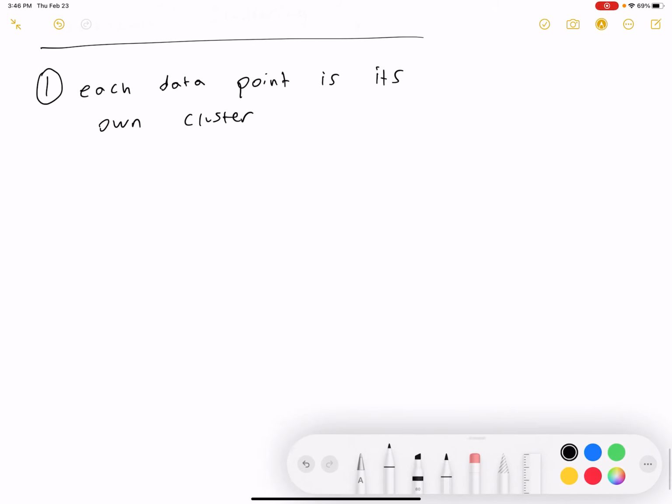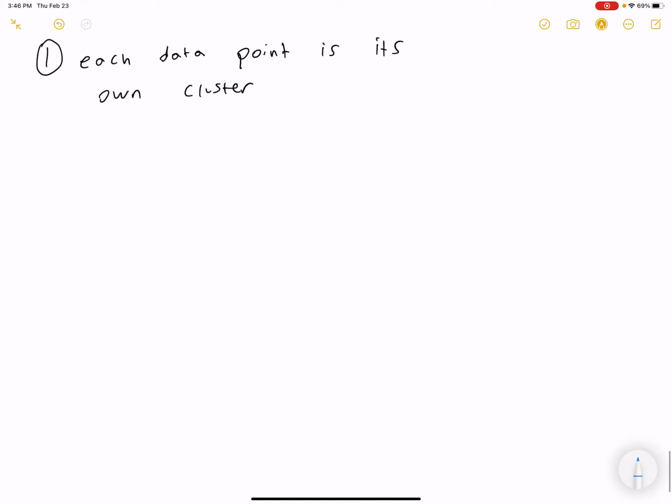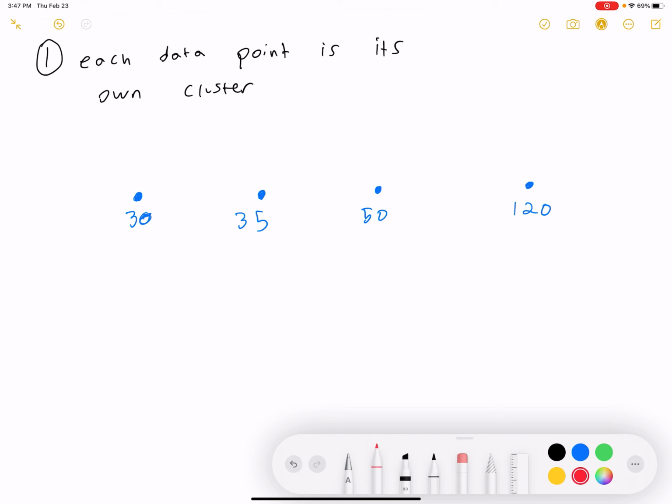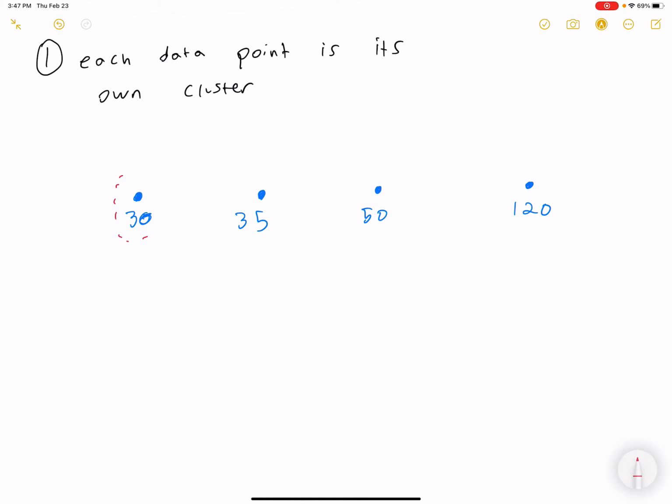I'm going to do this in a really simple case where our data is just one dimensional, so it's just a single number. And we're going to have 4 data points: 30, 35, 50, and 120. Of course, it's never realistic that we only have one-dimensional data that we want to do anything meaningful with, but for an example, it works well.